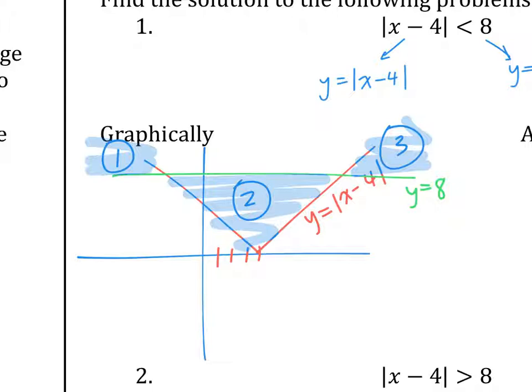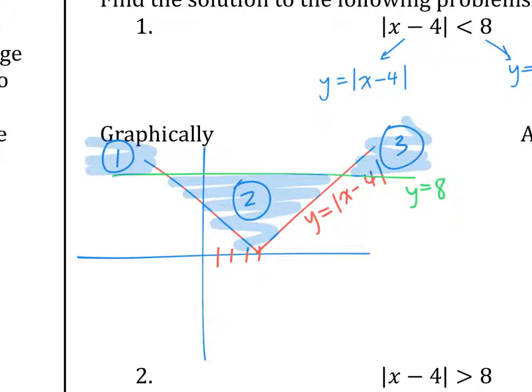So the question is, where is my absolute value graph below the green line? 1, 2, or 3? 2, right? It's pretty obvious that this absolute value graph is lower than the green line in that region. So the answer is everything in that region, the interval in that region.